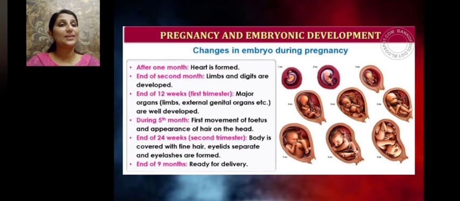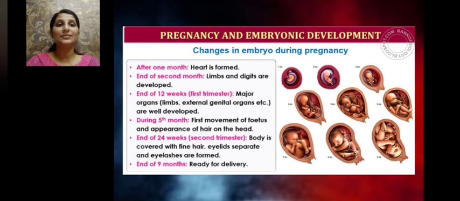What are the changes taking place in the embryo during pregnancy? After the first month, the heart is formed. After the second month, the limbs and the digits are developed. At the end of 12 weeks, that is the first trimester, or 3 months, the major organs, limbs, and external genitalia are all developed.